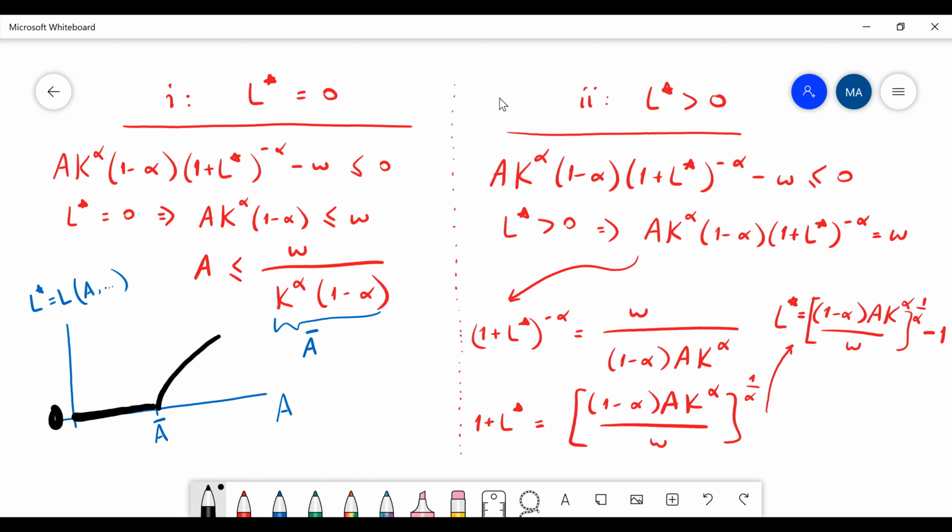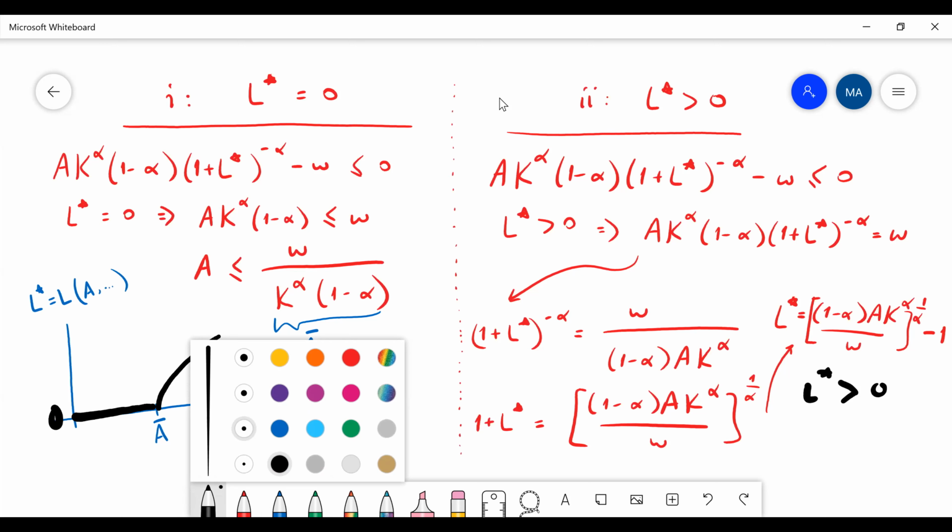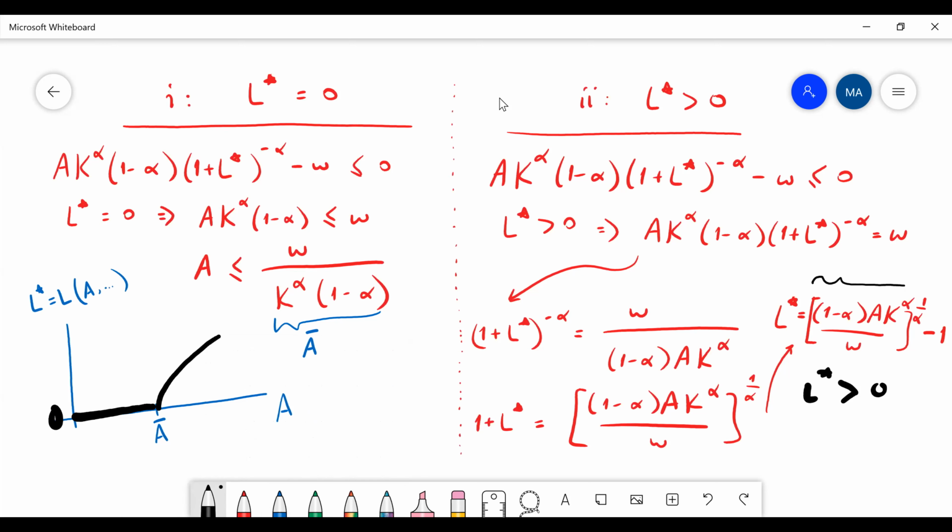As you see, now this requires what? Since here L star must be greater than 0, this number here should be greater than 1. But for this to be greater than 1, the term inside the brackets should be greater than 1, because 1 over alpha is positive.